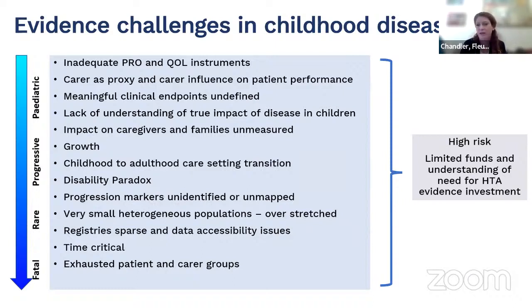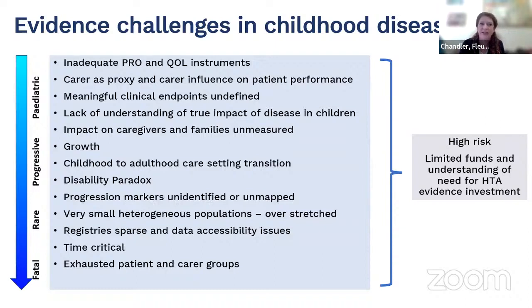And then for those patients who move into adulthood, the care setting changes, so the costs all change in terms of where the care is being delivered. You have the disability paradox, where people with a disability and children with disabilities may not see themselves as particularly disadvantaged, which is great, but it doesn't help in terms of trying to articulate what the impact of the disease is. And progression markers are often unidentified or unmapped.